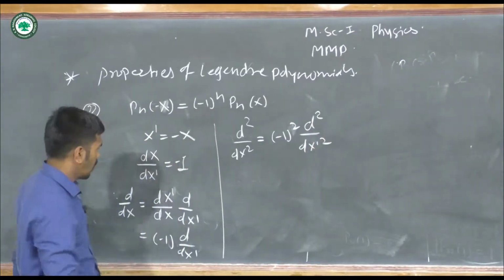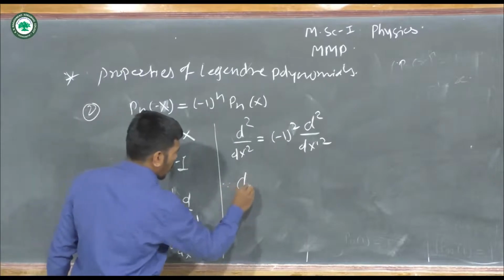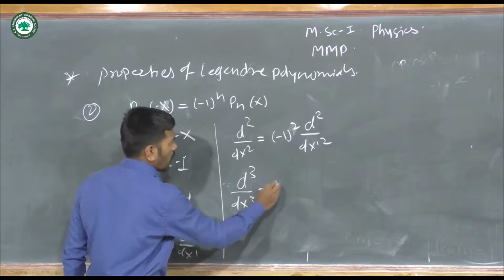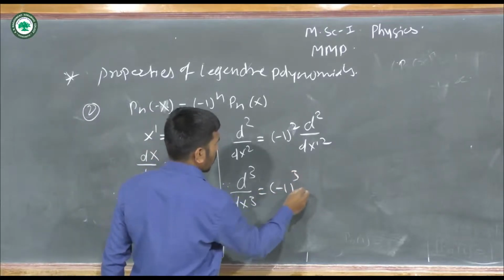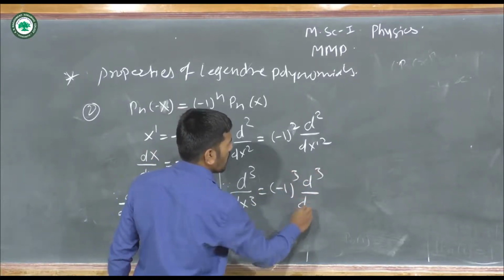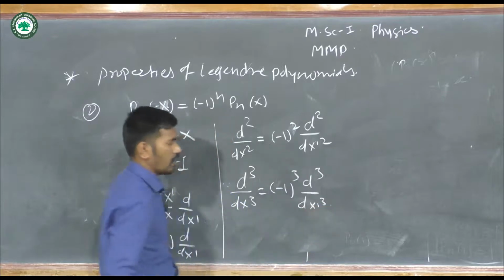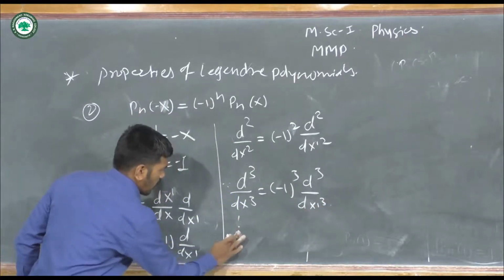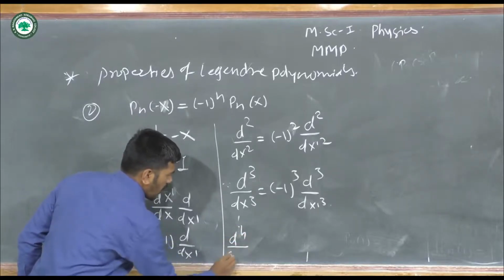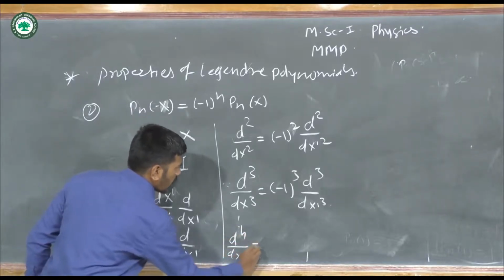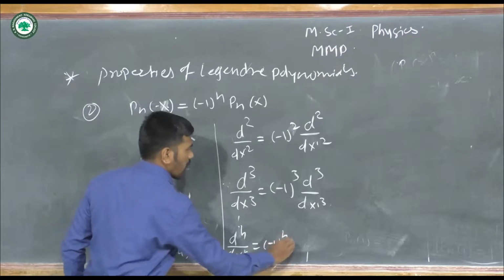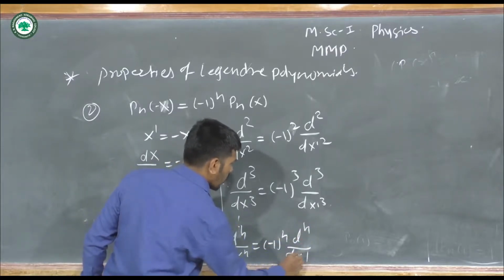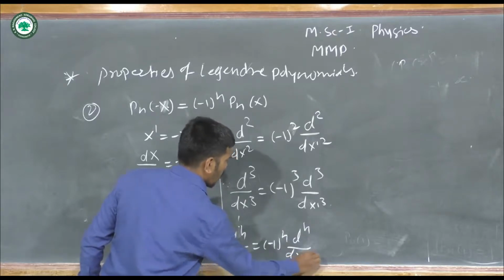And if I solve, d cube by dx cube is equal to minus 1 power 3 times d cube by dx prime cube. Similarly we can write d power n by dx power n is equal to minus 1 power n times d power n by dx prime power n.